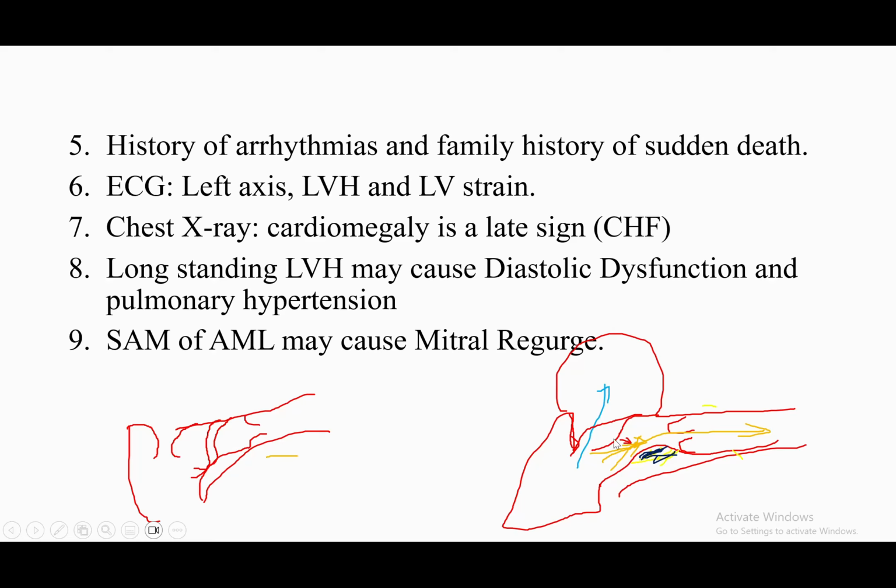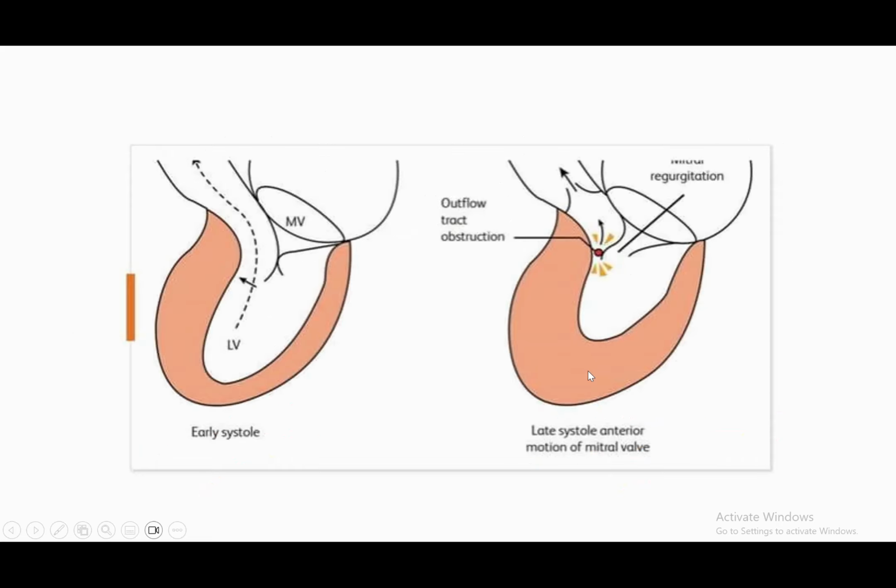This causes systolic anterior motion of the anterior mitral leaflet, causing mitral regurgitation, and the jet is usually posteriorly directed. This is systolic anterior motion of the anterior mitral leaflet: the blood accelerates and pulls the anterior mitral leaflet towards it, further narrowing the LVOT.